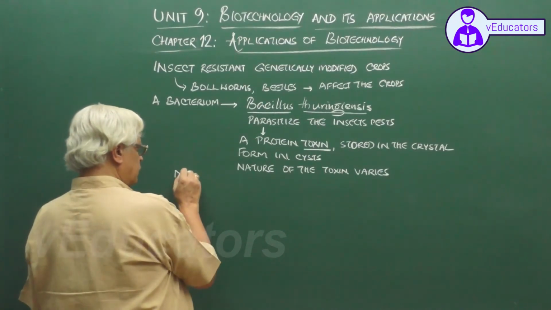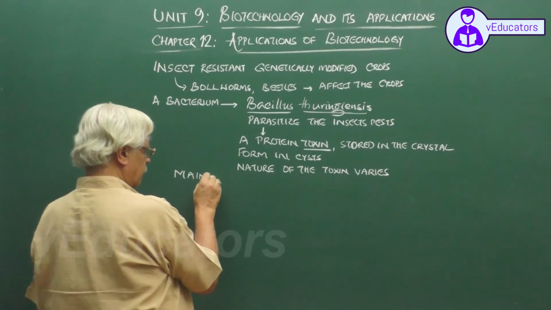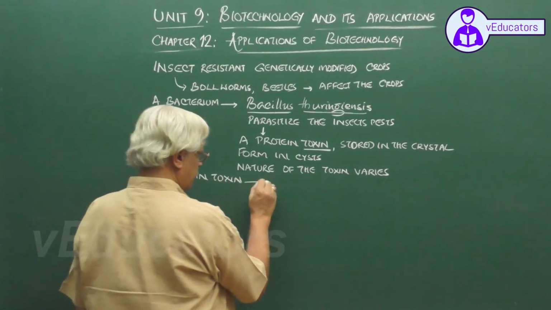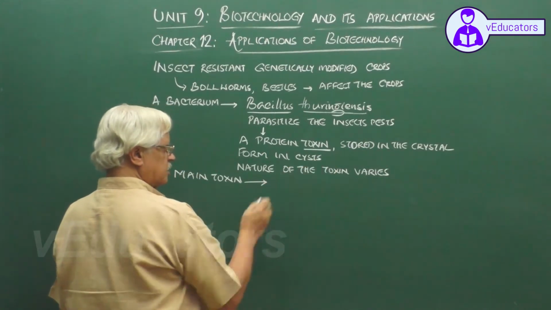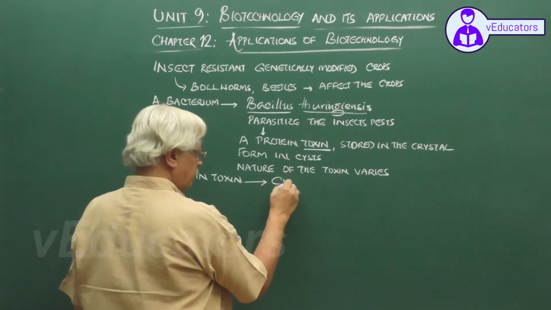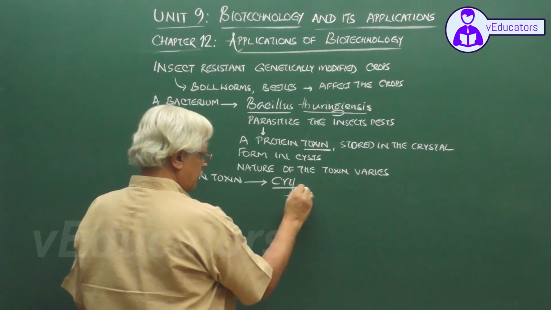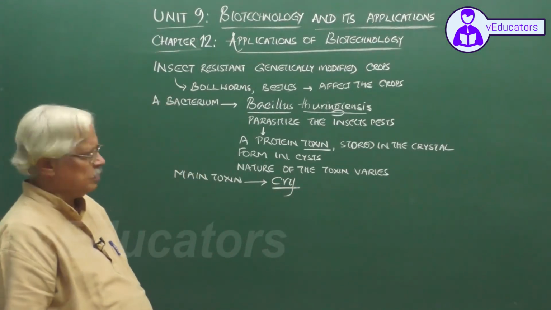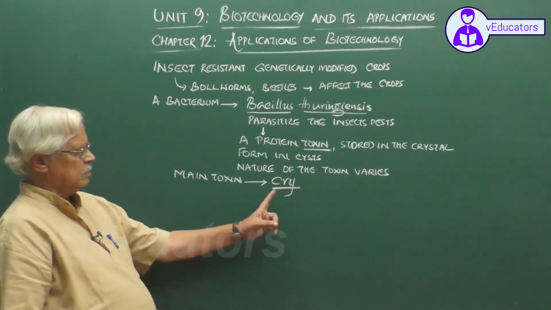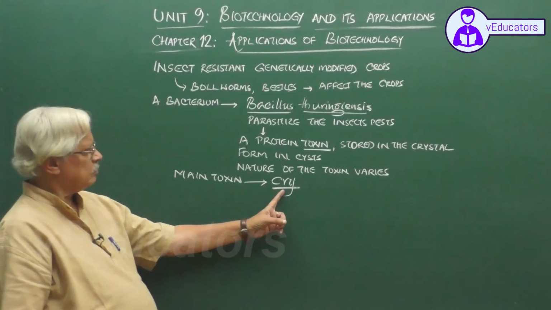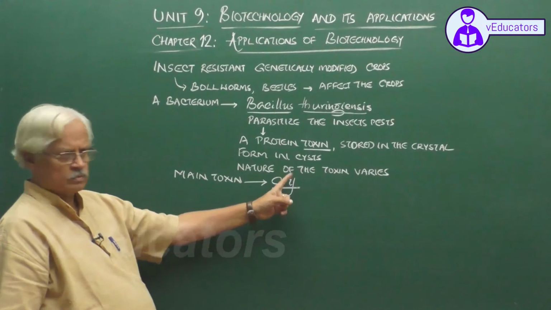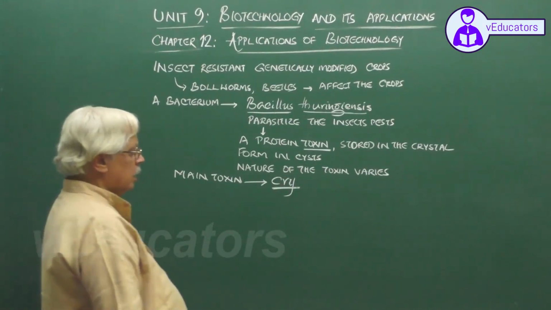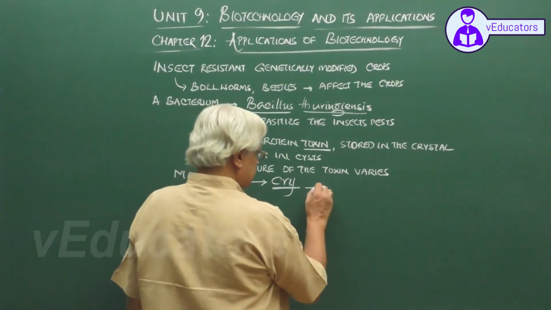The main toxin, which is primarily a protein because it is in the crystal form, is represented as cry because of its crystal form. There are variants.